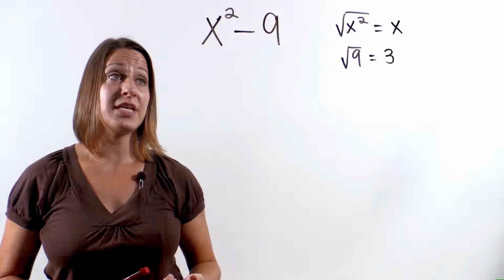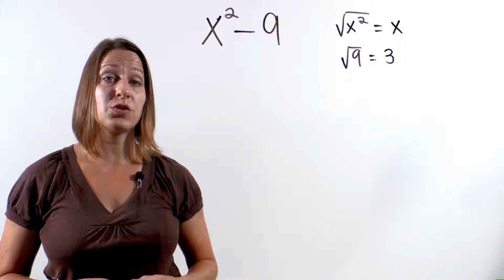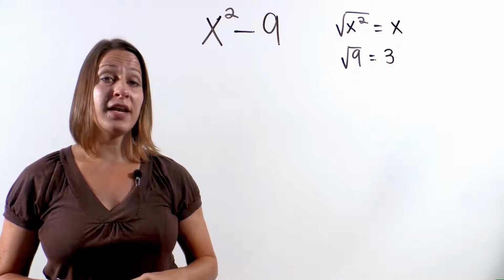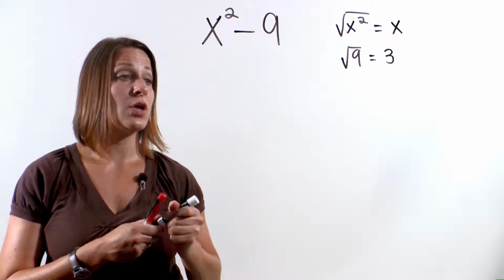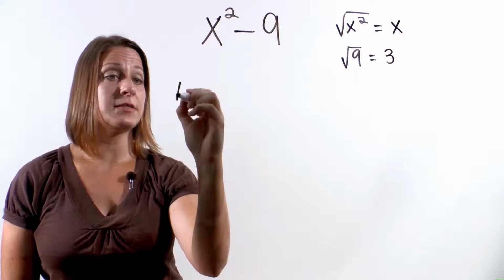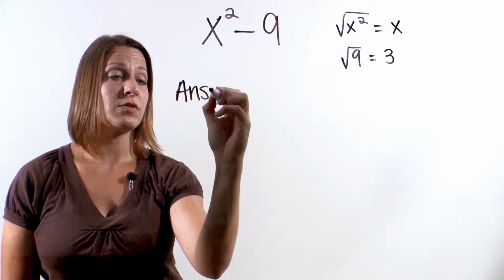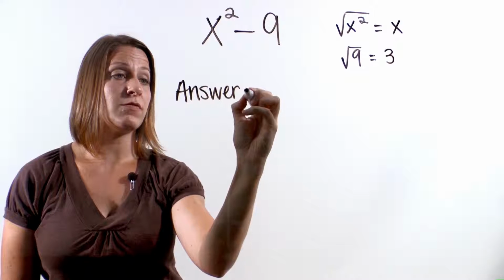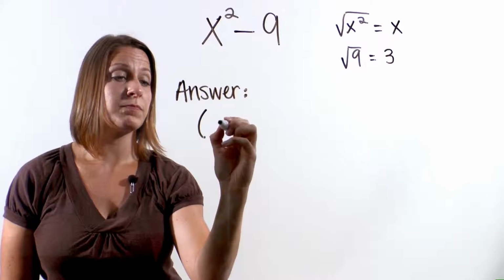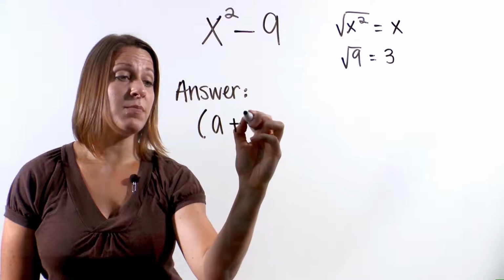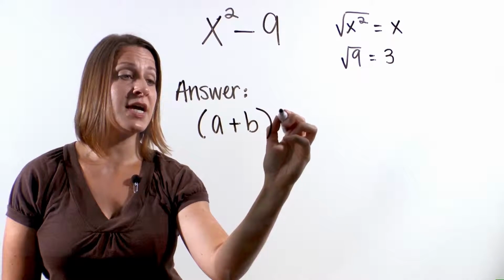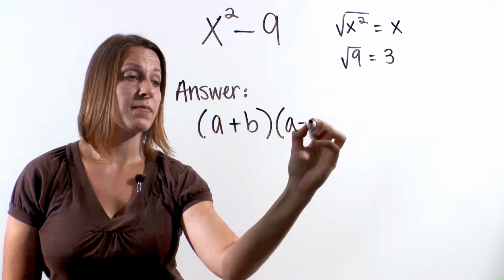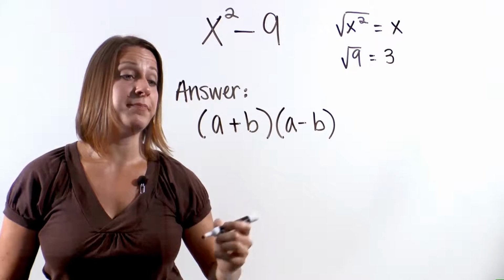Now that we've determined that this is a difference of squares, we're going to go ahead and factor it in this order. We're going to use the template for our answer, a plus b times a minus b.